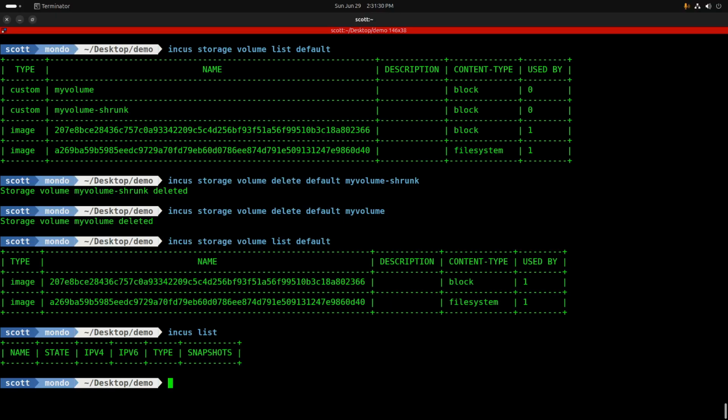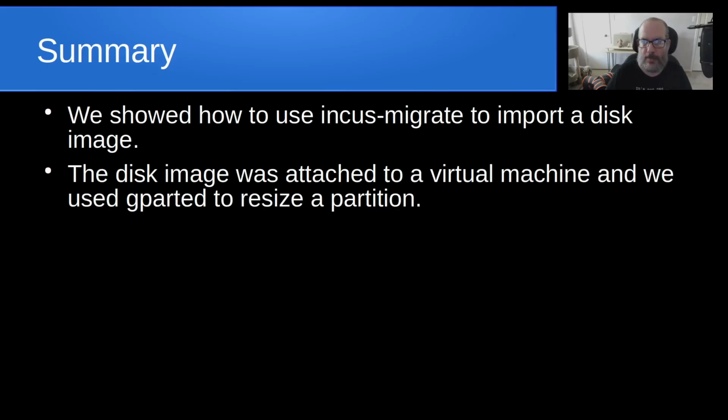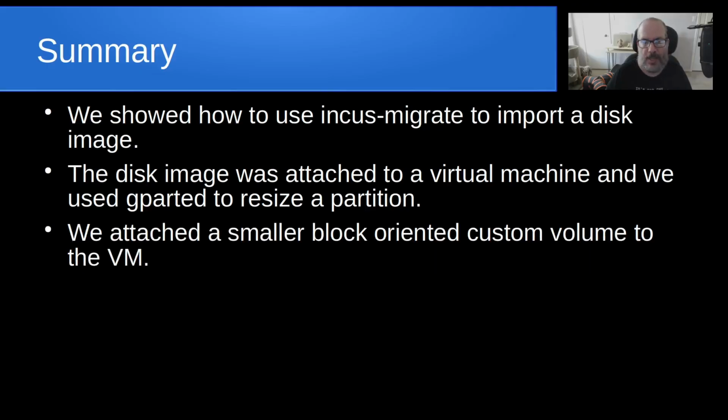So in summary, rather than using incus-migrate to create a virtual machine, this time we showed how to use incus-migrate to import a disk image into an Incus custom volume. And then the disk image was attached to a virtual machine, and we used GParted to resize a partition on that disk image. And we attached a smaller block-oriented custom volume to that virtual machine as well.